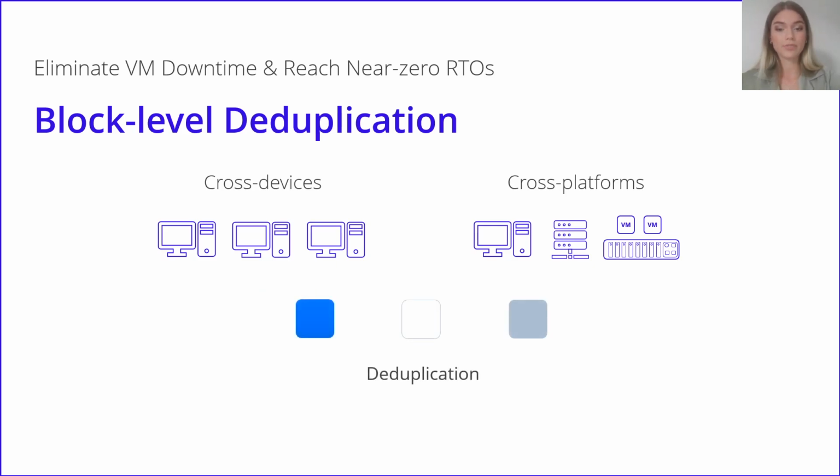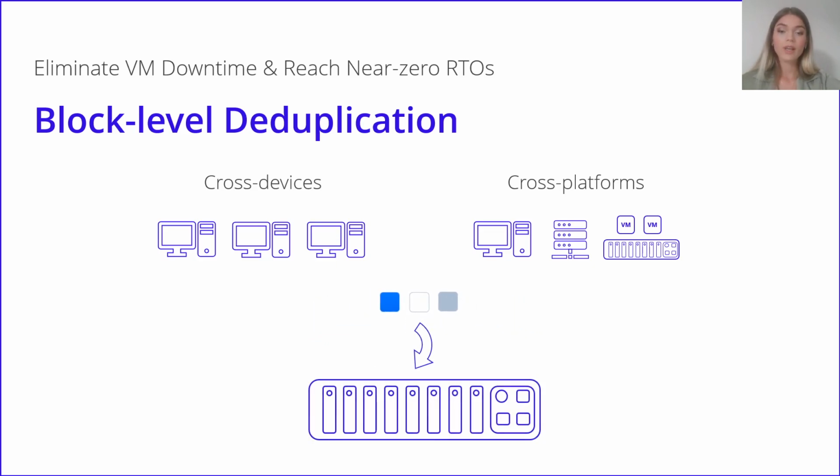Once we have identified all these blocks of data, we are able to remove the ones that are duplicated. And we are going to back up only these deduplicated blocks onto a Synology NAS, which means your storage needs will be reduced. In practice, the deduplication rate can reach up to 2-3 times, but it always depends on the type of data that you have.